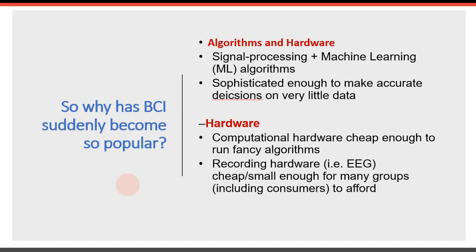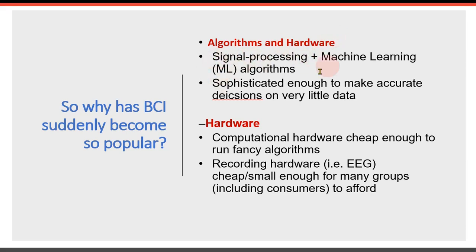Despite those challenges, why has BCI suddenly become so popular? There are two reasons. First is algorithmic and then hardware developments. For instance, we have very advanced algorithms, with advances in the signal processing and machine learning fields.